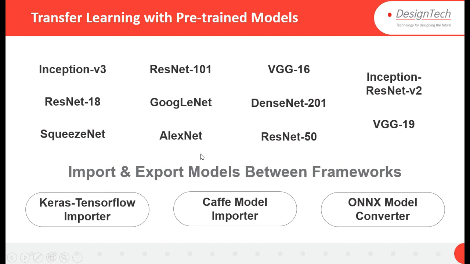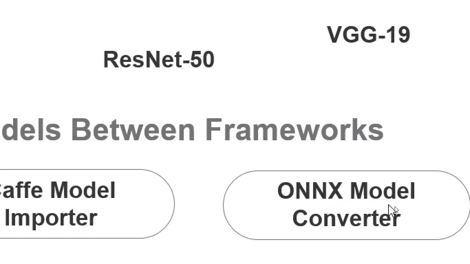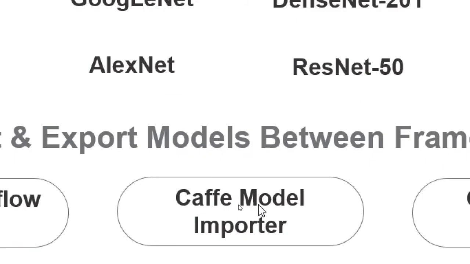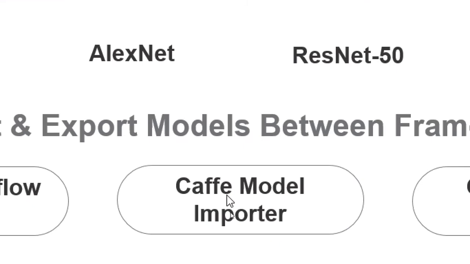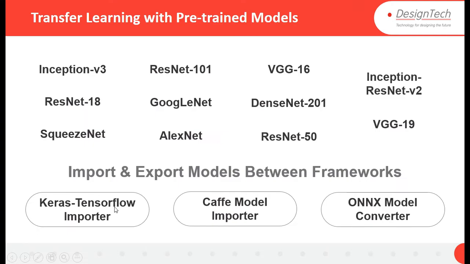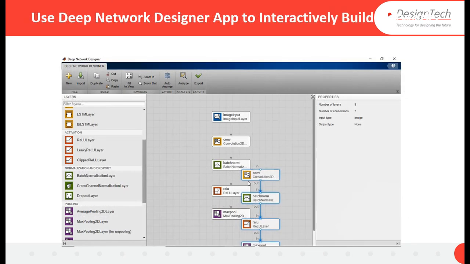Or if you have any deep learning model from open source, you can use converters. If models are from Caffe, we have an option available to import them. This is transfer learning, meaning you use a pre-trained model for your data, because the parameters are already optimized.